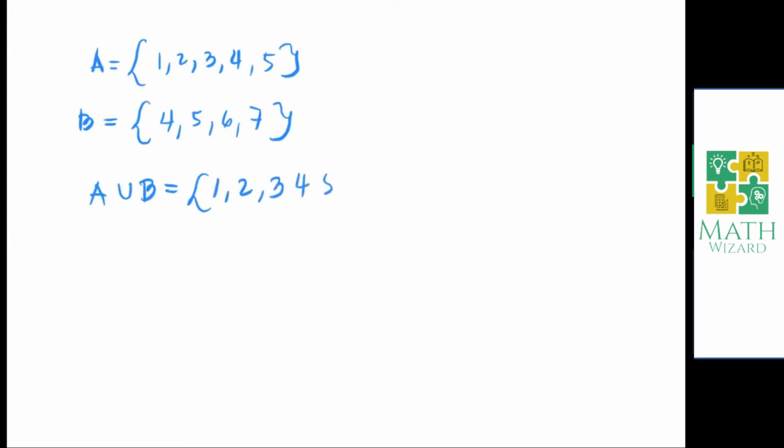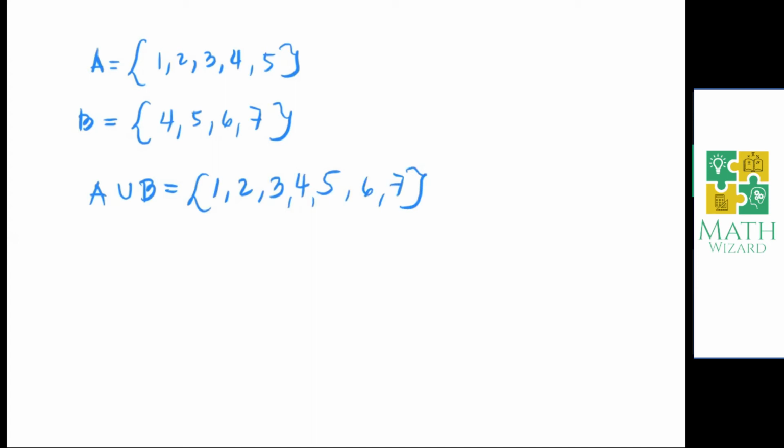For our letter B, let's say we have 4, 5, 6, 7. When we talk about union, pagsamahin lang natin yung dalawang set. A union B, i-combine lang natin yung dalawang set, it becomes 1, 2, 3, 4, 5, 6, and 7. So pinagsama lang natin silang dalawa. That's a union of set. Pinagsama lang natin.